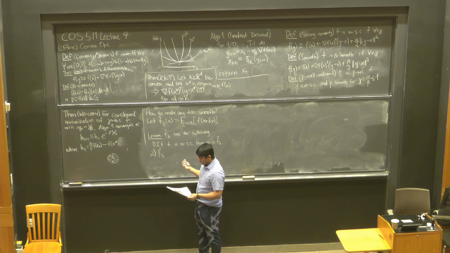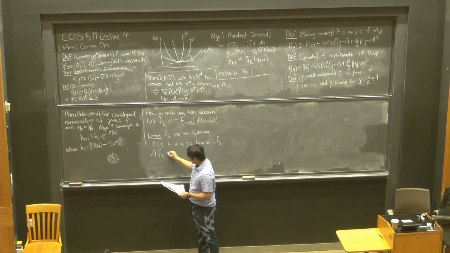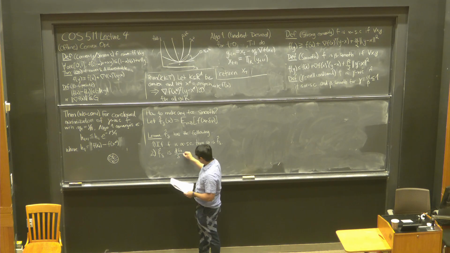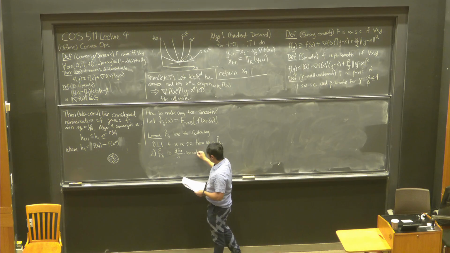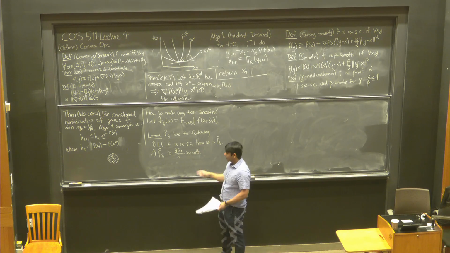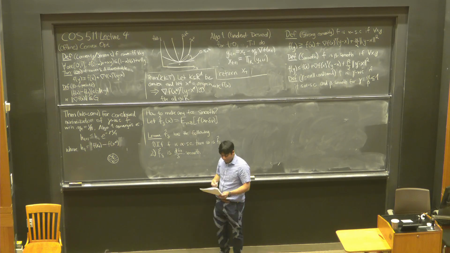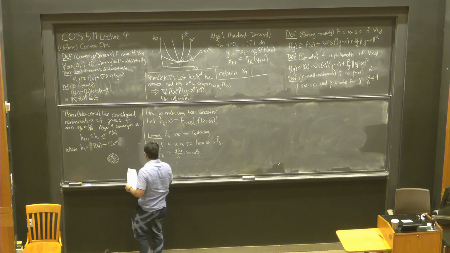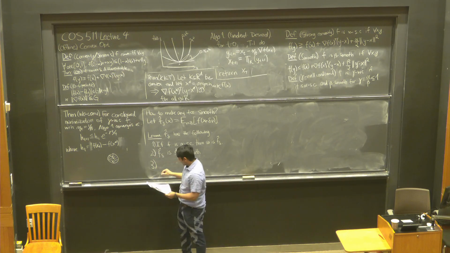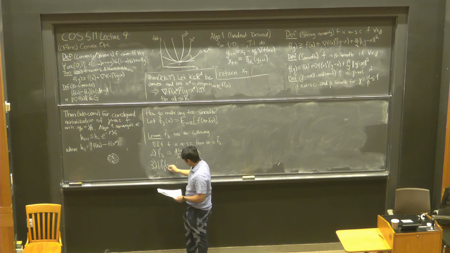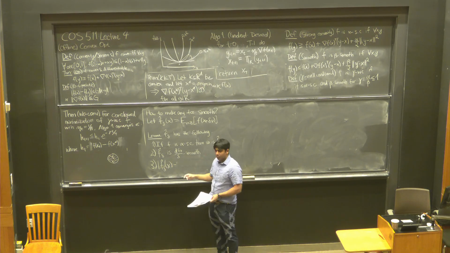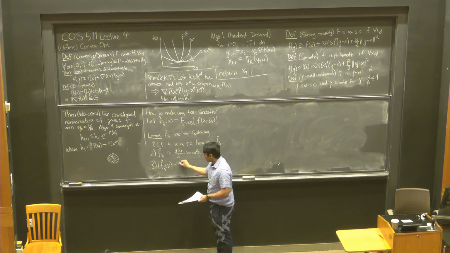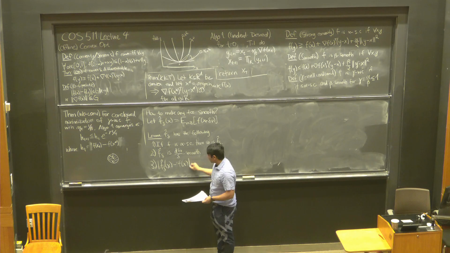Furthermore, f delta hat is always smooth. Here g is again the Lipschitz constant of f. And 3, the distance between the smooth version and the original version, it turns out they don't differ too much.